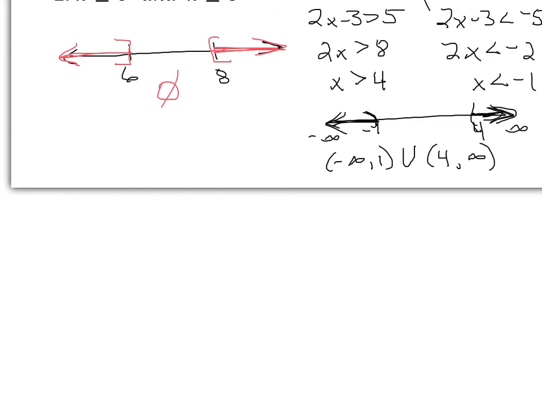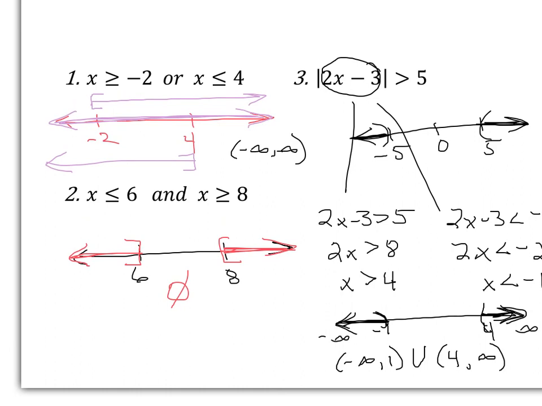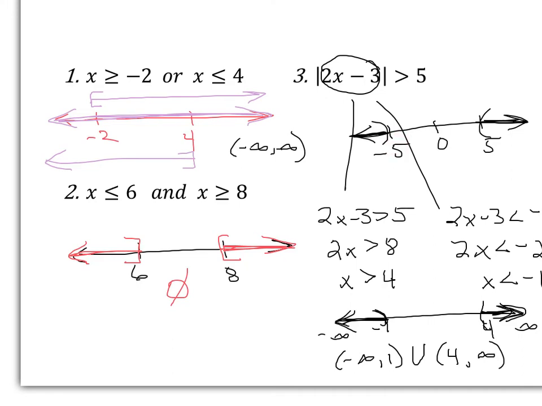So that's a disjointed interval, and that's what you get when you have a distance being greater than something. So for instance, here's the distance 5, and your amount is going to be greater than 5, so you're going to have a disjointed interval.